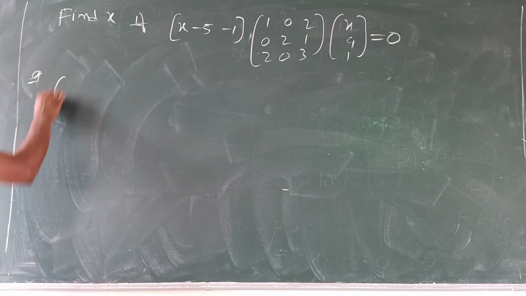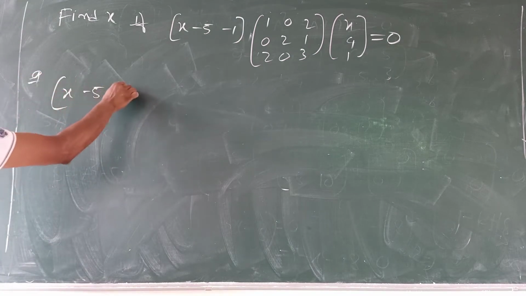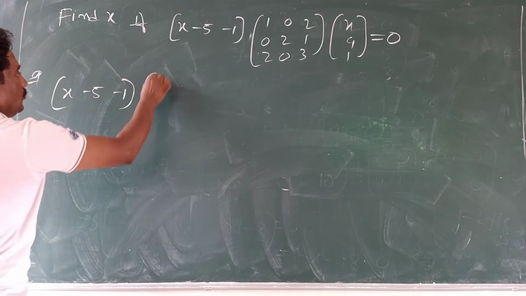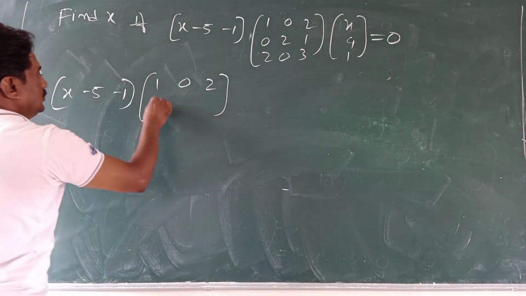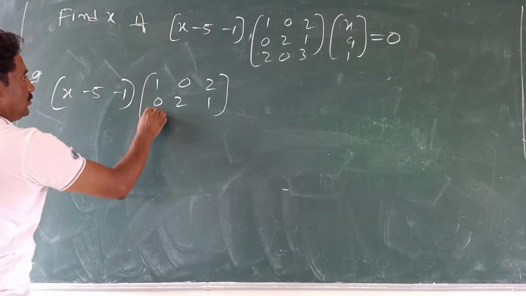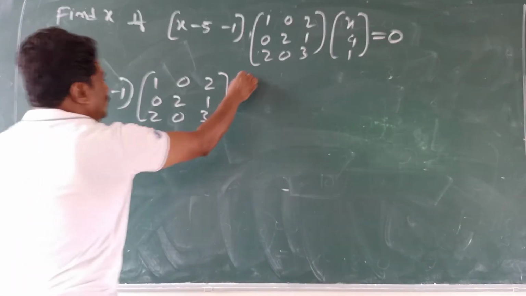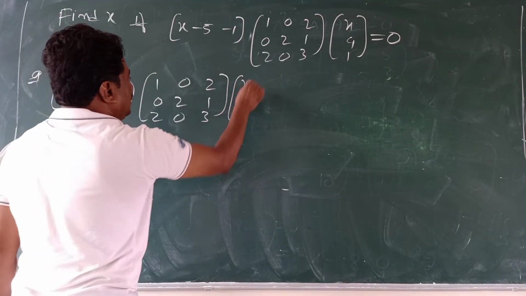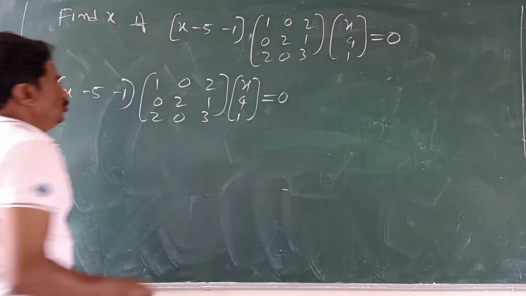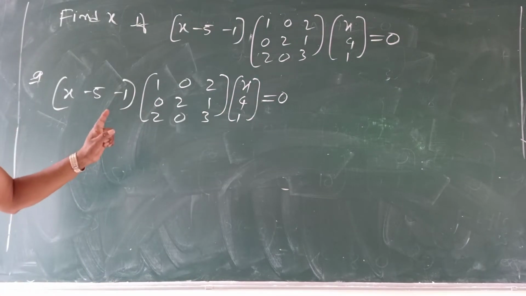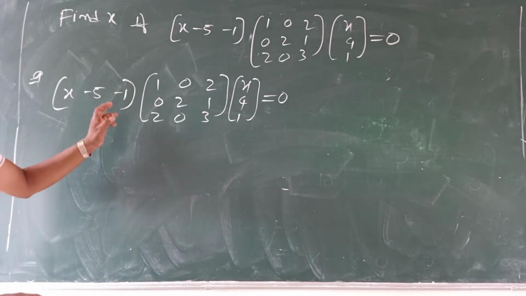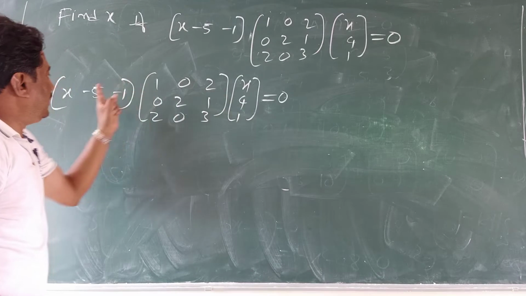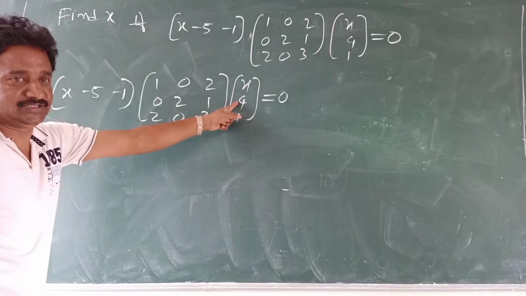Solution. Full equation is [x, -5, -1] into [1, 0, 2; 0, 2, 1; 2, 0, 3] into [x, 4, 1]. You observe this equation, students, clearly we have three matrices, matrix 1, matrix 2, matrix 3.